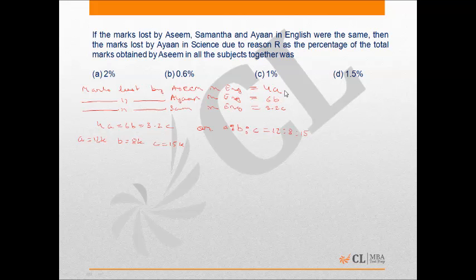Everything here will become equal to 48K, although this data is not required, but still. Now, the marks lost by Ayan in science. Let's go to the next data. Marks lost by Ayan in science.